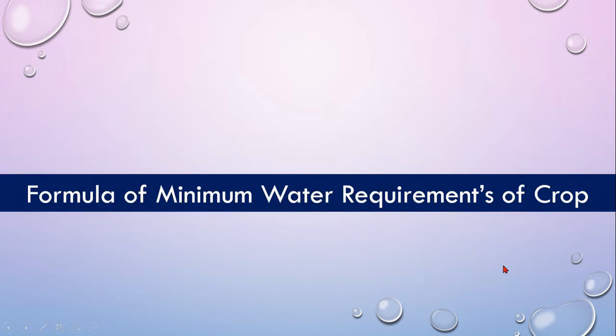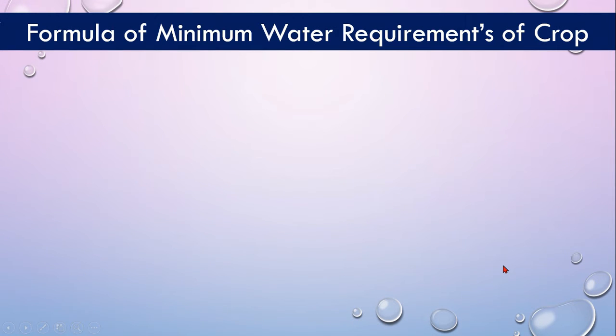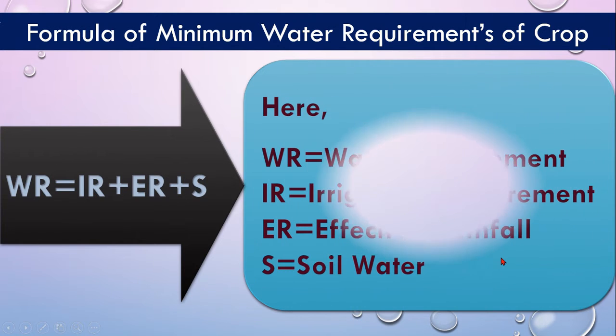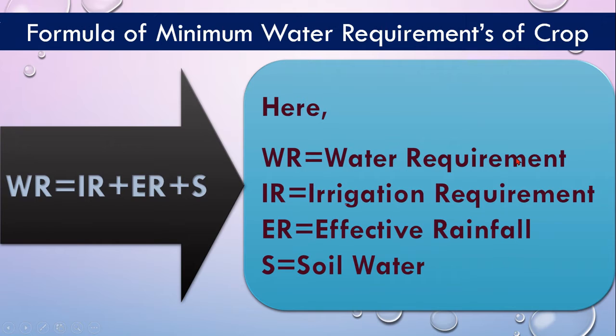So it can be calculated with one formula, which is WR equal to IR plus ER plus S, where WR equals water requirement, IR equals irrigation requirement, ER equals effective rainfall, and S equals soil water.